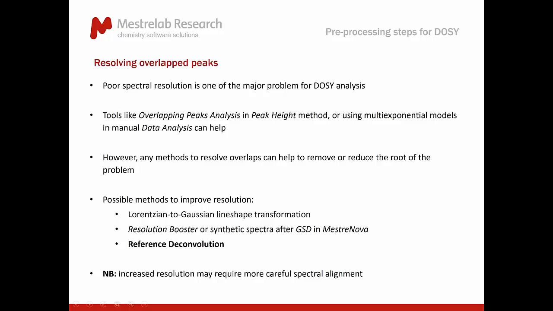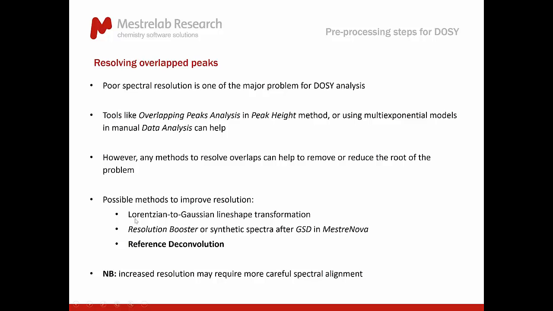You have to be a little careful with the resolution booster. It's not fully quantitative, but it does preserve the diffusion coefficient, so diffusion should work, but remember that it can change the intensity of the lines in the final 2D DOSY spectrum. One of the interesting techniques is reference deconvolution. We made some changes in this technique recently, so I'm going to focus on this one a little bit in one or two slides further on.